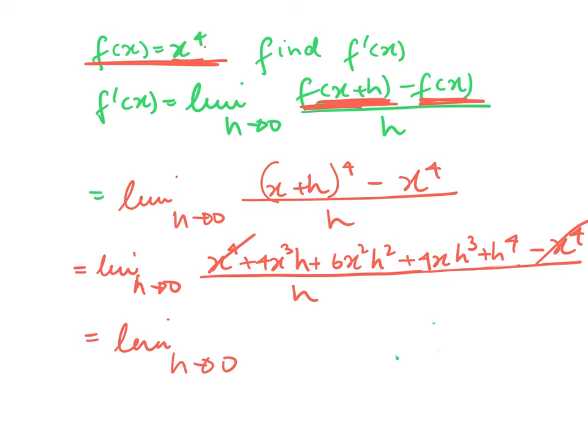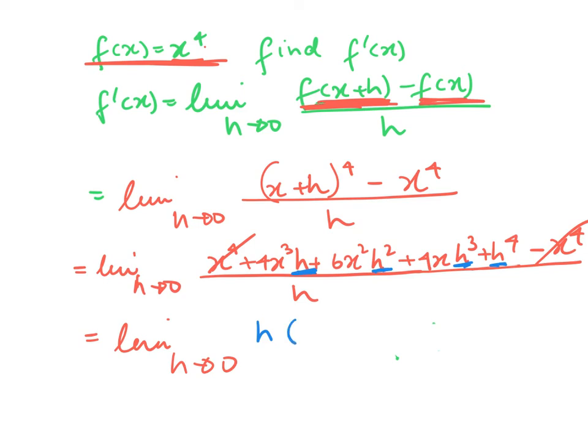Looking at every single term, we don't have x's in common, but we can see that every term has h in common, which is beautiful because that is exactly what we need.